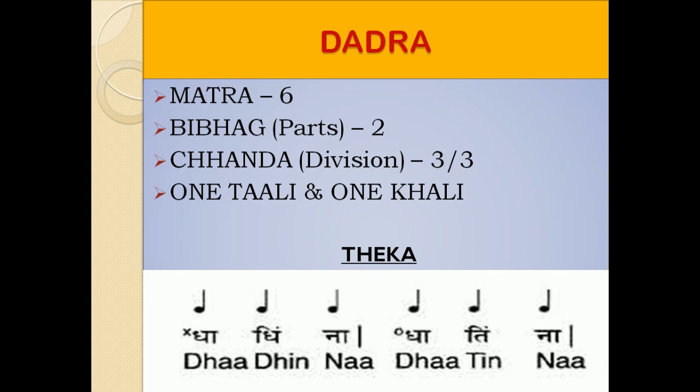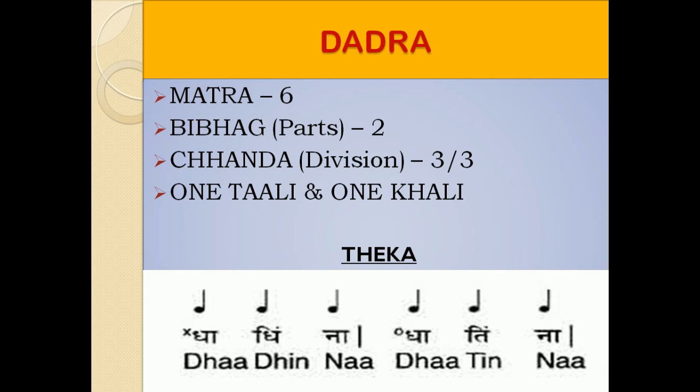So we will not clap. This is called Khali. Khali means empty, and empty is symbolized when we part two hands away from one another. We do not clap. We part or separate both our hands from one another. That is called Khali. Khali means empty. There is nothing. So you don't clap here.